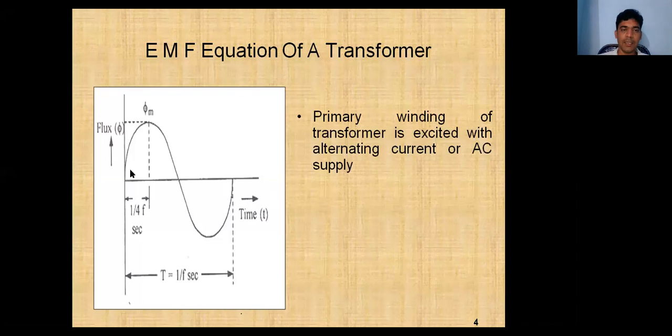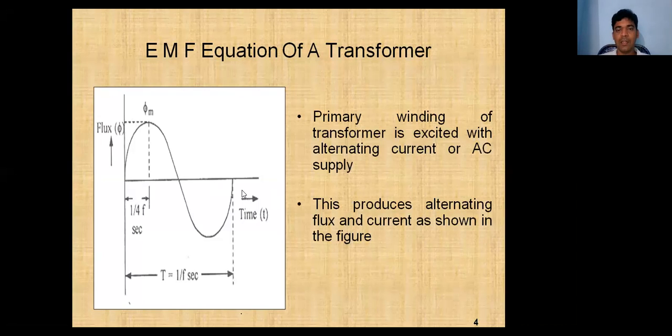This is the AC supply. This produces alternating flux and current as shown in the figure.